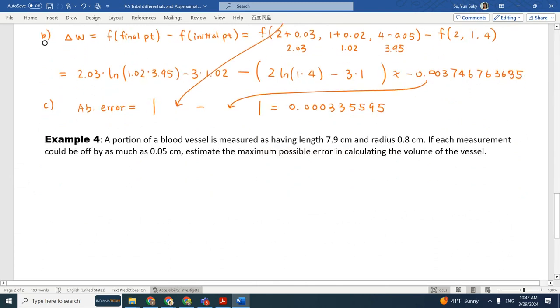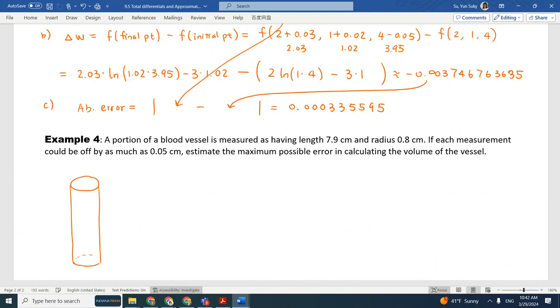So what's the picture? Like a circular cylinder. Do you agree? And for a cylinder, you care about the radius and the height. Do you still remember the formula of the volume of a cylinder?